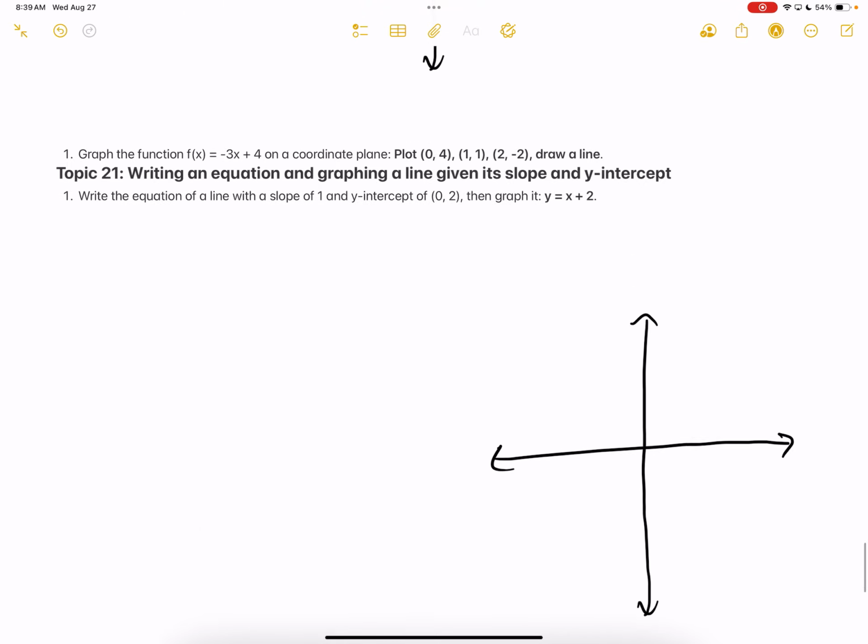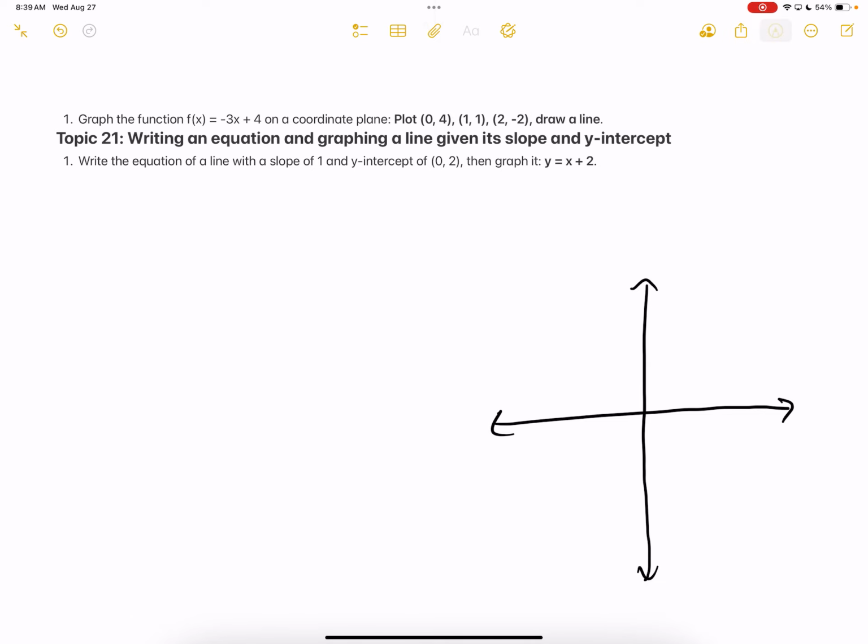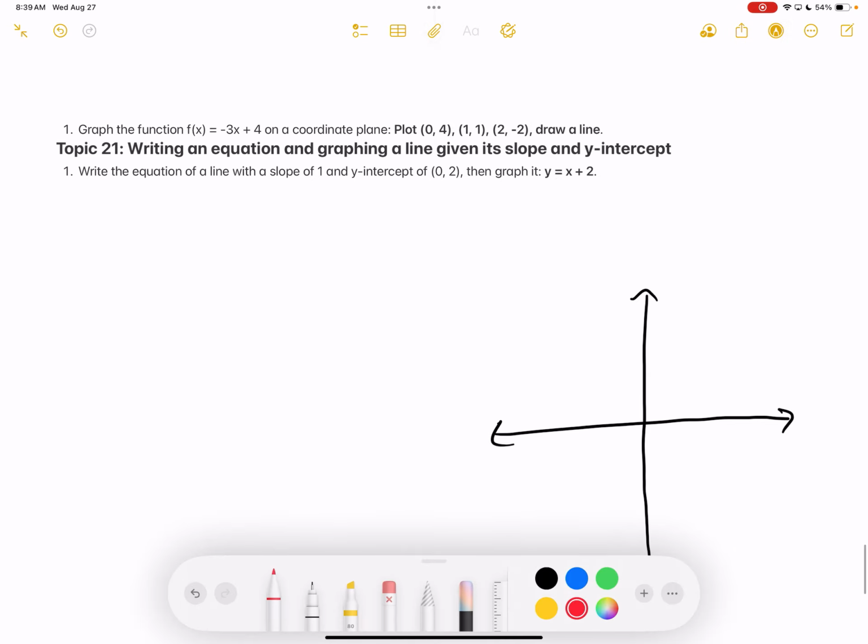And then I think this is the last one. Write the equation with a slope of 1 and a y-intercept of 2. Okay. Seems easy enough. And graph it. Okay, y equals 1x plus 2.